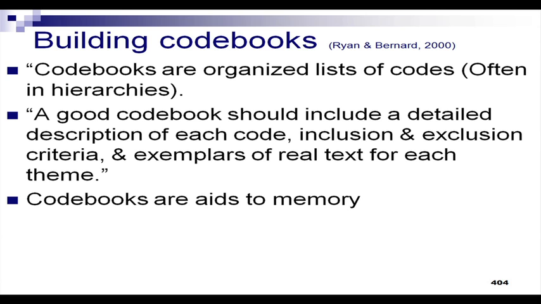On what basis will we say that this item does not belong to this code? So inclusion and exclusion criteria are very important, and exemplars of real text for each theme help the reader understand, help the interpreter understand how to use the code book effectively. Code books serve as aids to memory.